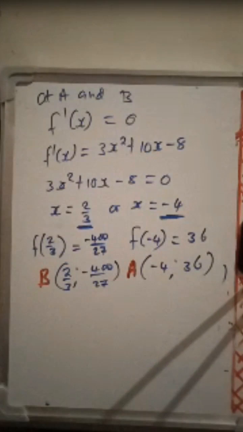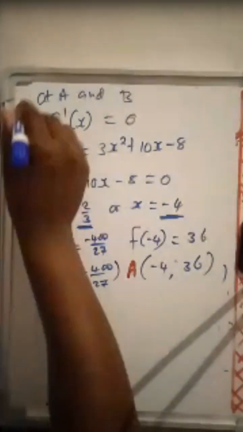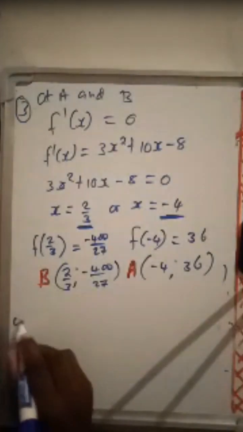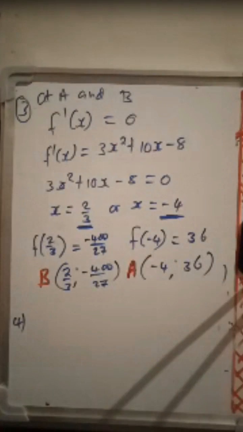All right, so that was problem number 3. Okay. Problem number 4. For which values of x is f decreasing? What is the question asking when you say is f decreasing?